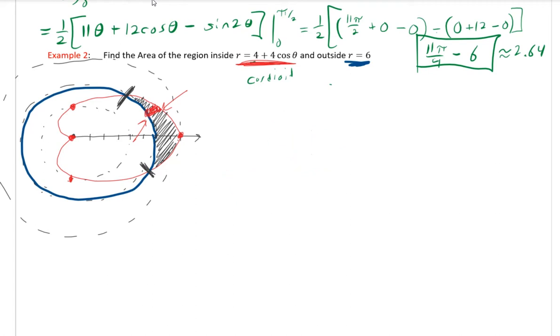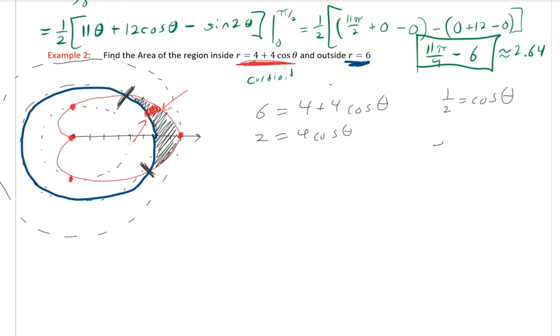So that means I need to solve for where they are equal to each other, and thankfully this one shouldn't be too bad. If I solve for these, I have r equals 6 and r equals this, so we could set 6 equal to 4 plus 4 cosine theta. That means minus 4 is 2 equals 4 cosine theta. Divide by 4, I get 1/2 equals cosine of theta.